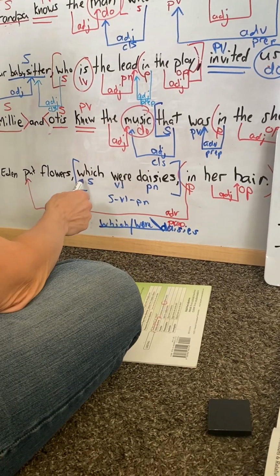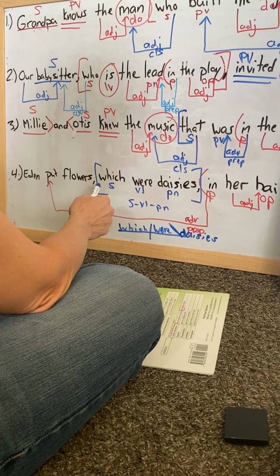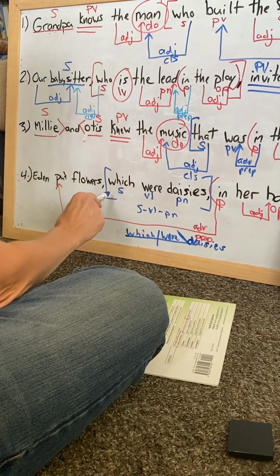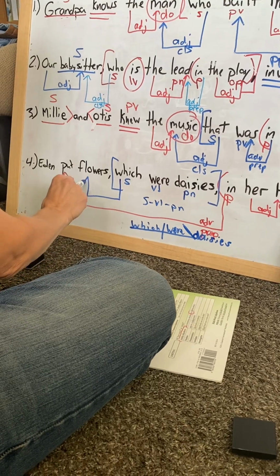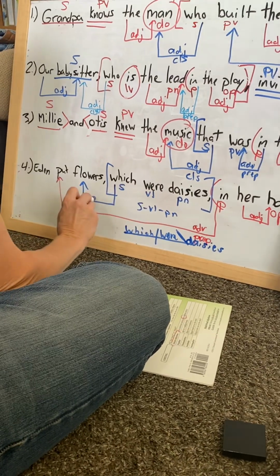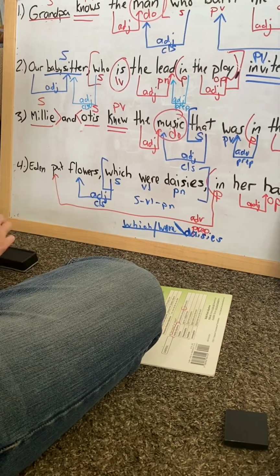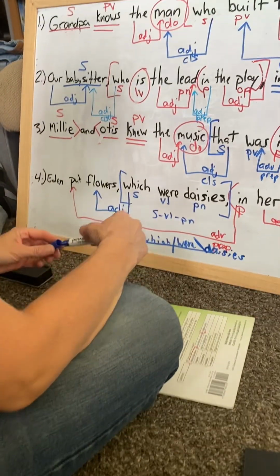All right, this one is modifying flowers, telling us which flowers. The flowers which were daisies, right? Adjectival clause. Now we're going to look at our principal elements.